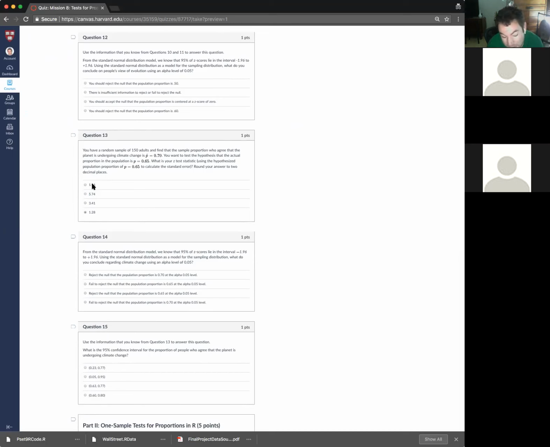So it's right on the borderline. We say that if it's less than 0.05, you should reject it. So if it was 1.96 exactly, that would be borderline. But let's skip that one. We're not going to give you an example that tricky.